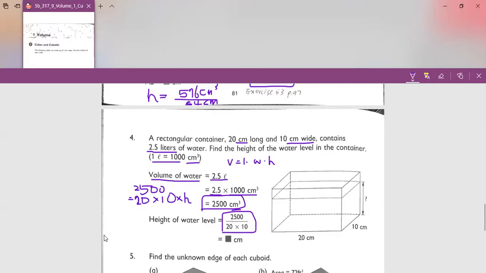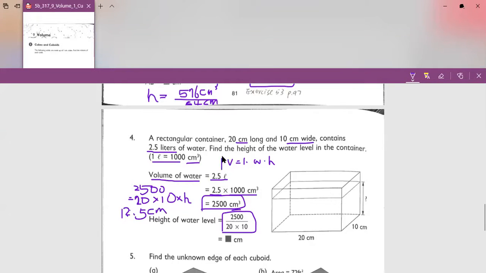So what will be the height? I need you to send me the height, include the unit. Excellent. Okay, good job. So if you do the calculation, the height will be 12.5 centimeter. Okay?